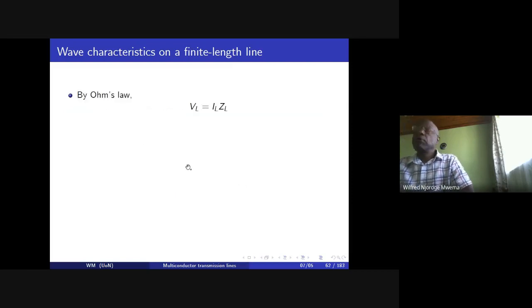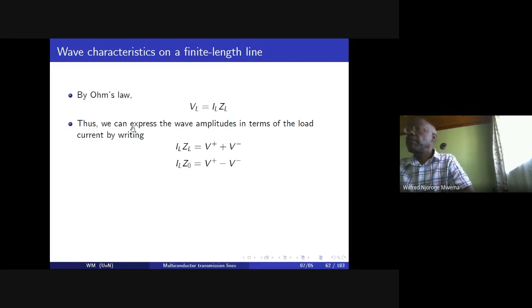Now, by Ohm's law, that is from circuit theory, we know that the load voltage VL is given by the current through the load multiplied by its impedance. It doesn't matter whether it's a complex impedance or a real impedance, that is a real resistance.